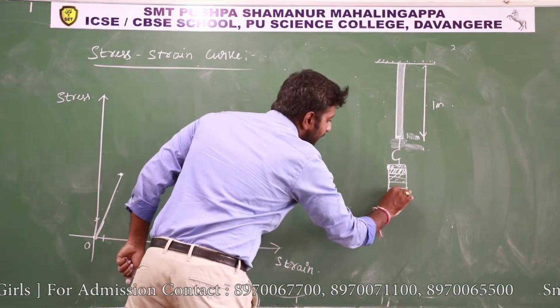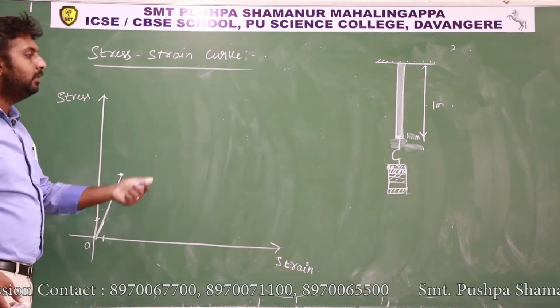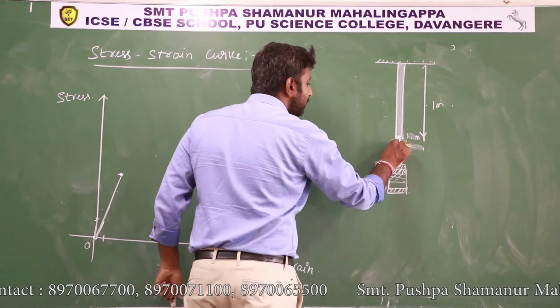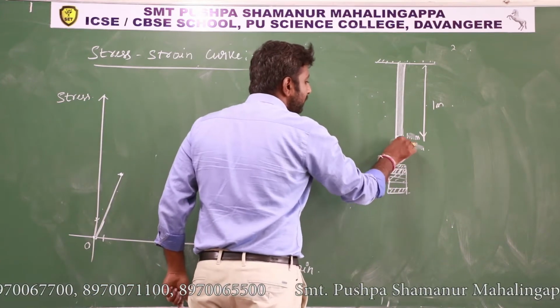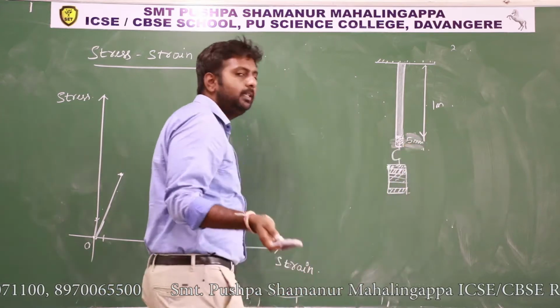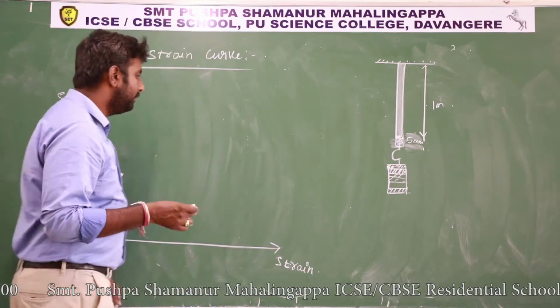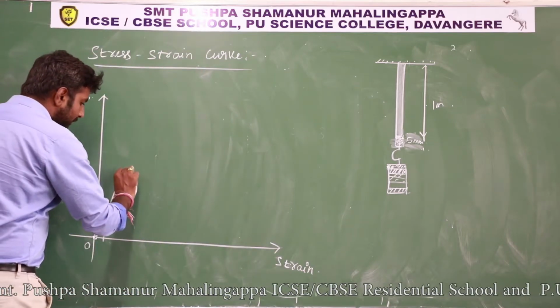kg, I keep on increasing by 1 more kg, and I see what length is increased. Up to 5 kg, you know the length increased is 5 millimeters. After adding 1 more kg, normally the length would increase by still 1 millimeter more, right? But I see that the length increased still more.